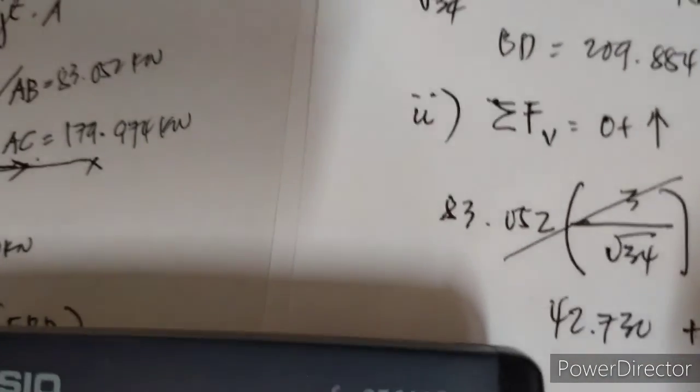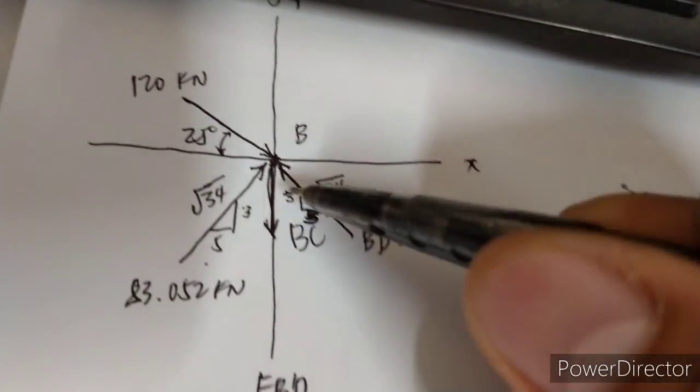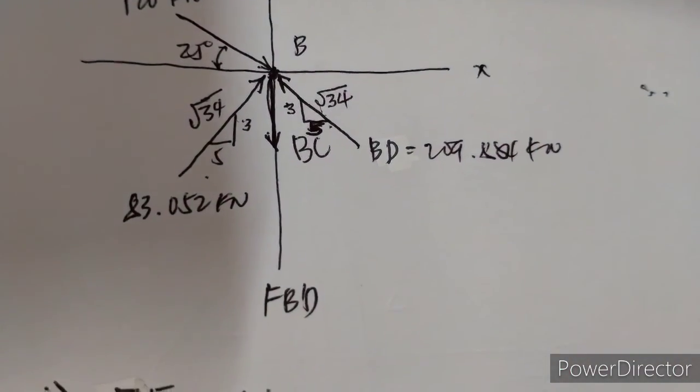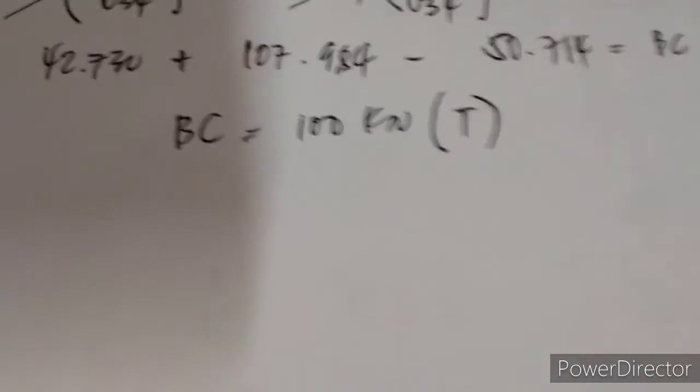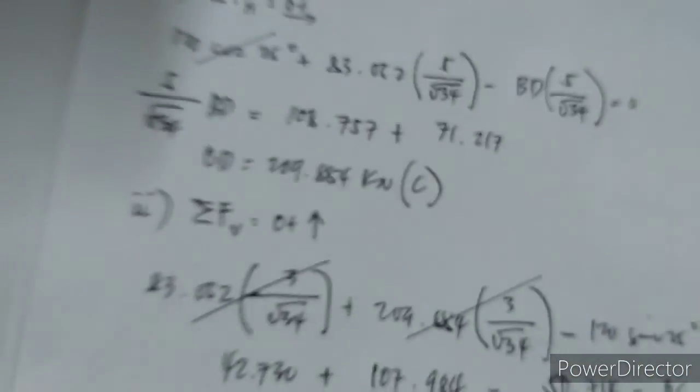BC is 100 kilonewton and it is in tension. As you can see, it is going away from the joint, so BC is in tension. We just simply write capital T, which means tension.